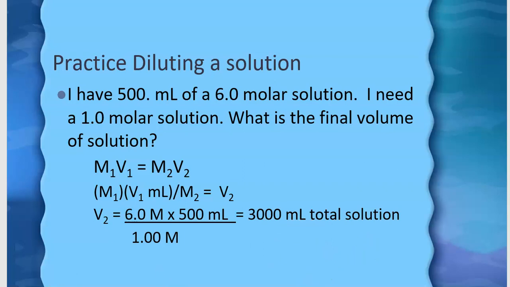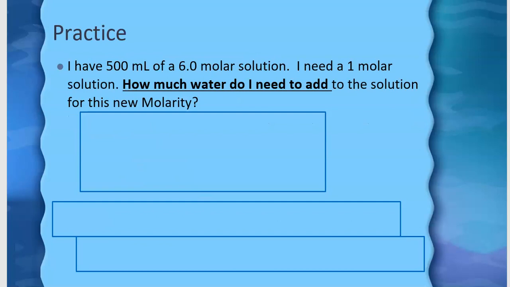Let's look at another way. So this, I'm going to use the same set of numbers, but now if you look carefully at what's on here, how much water do I need to add to the solution so that I get a 1 molar solution?